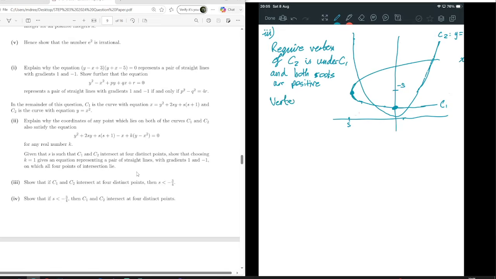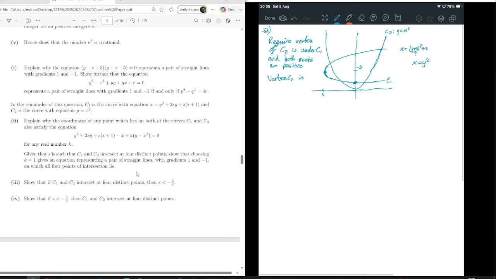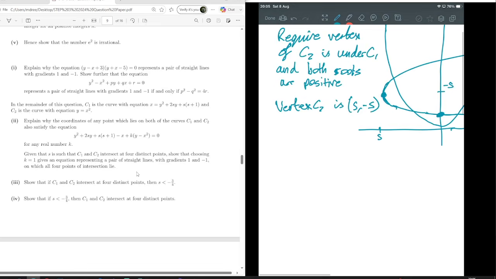So the vertex of C2 is, and that's why I've got this form here, that tells me that my y coordinate is -s and my x coordinate is s, which is exactly where I've drawn the vertex in the picture. So that means that that has to be under. So when I sub it in, we require that y is less than x squared.